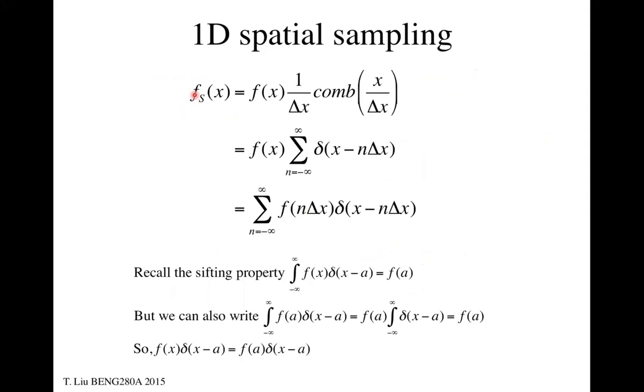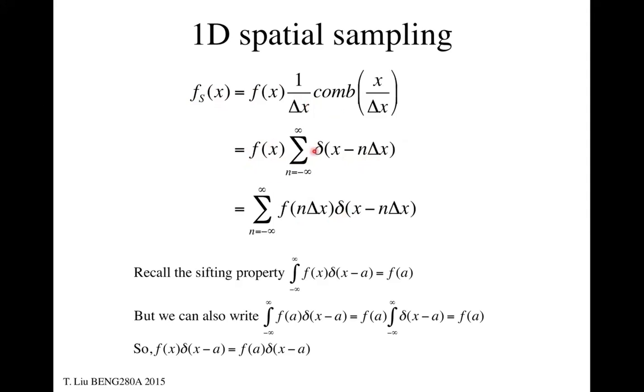Now, to this point, this is our sampling function, which is a continuous function in x. So it is not itself a sequence or a finite list of values for digitizing our function. It's defined everywhere. And the definition is the continuous function times the comb function. Here's the continuous function times that comb function written out as delta functions.